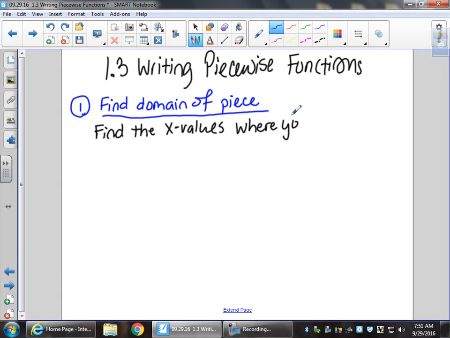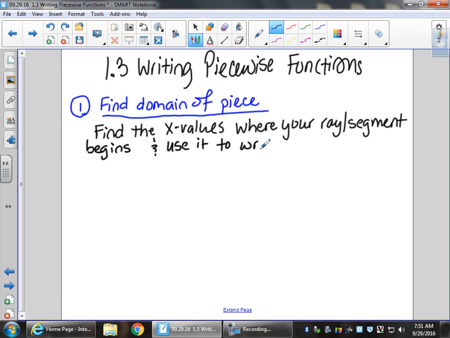So first step, we're going to find the domain of each piece, one piece at a time. Find the x values where your ray or segment, depending on what we have, begins, and use it to write the domain restriction.